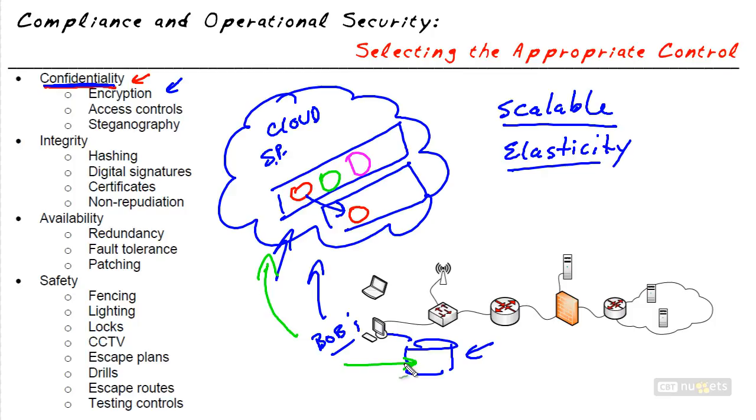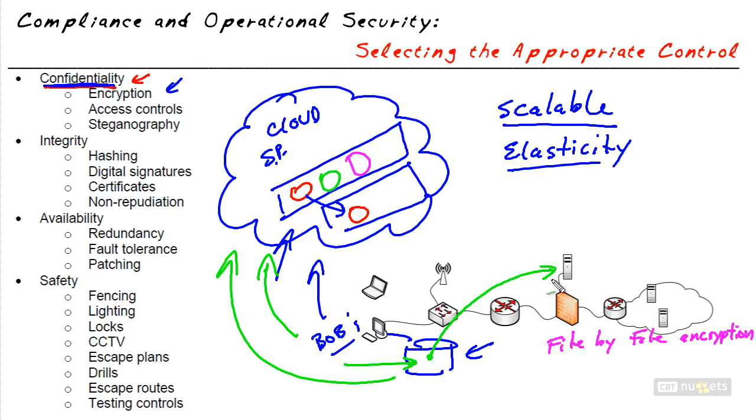And typically the way that would work is Bob would store the local files on his local computer, he would encrypt them on his local computer, and those individual files would be copied as encrypted files up into the cloud. And that's a cool benefit of file by file encryption, is that if the files are moved to another media, for example, let's say Bob takes these encrypted files that are sitting on his computer and he copies those encrypted files over to another server somewhere else, or they get copied automatically up to the cloud as a backup, those files are encrypted.